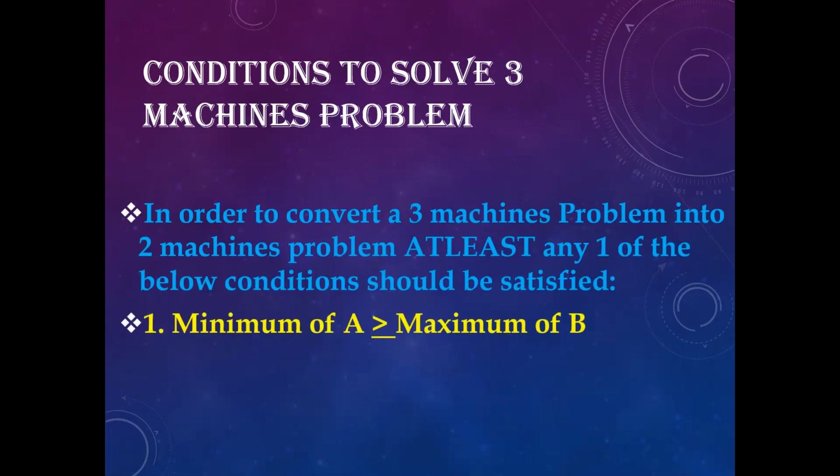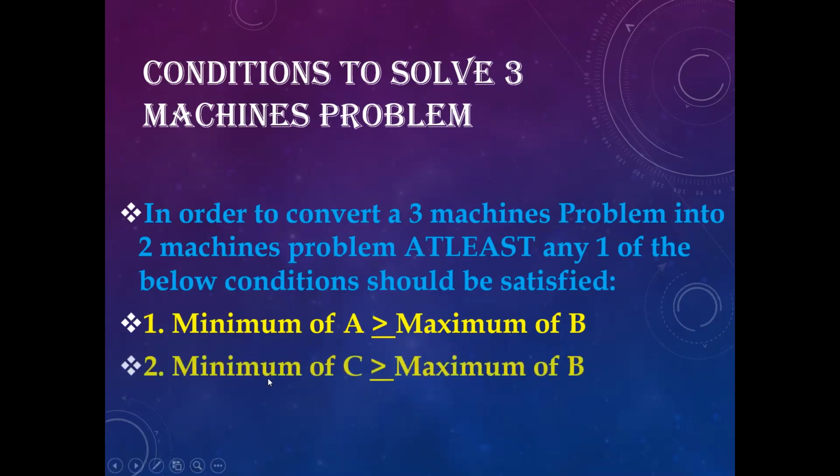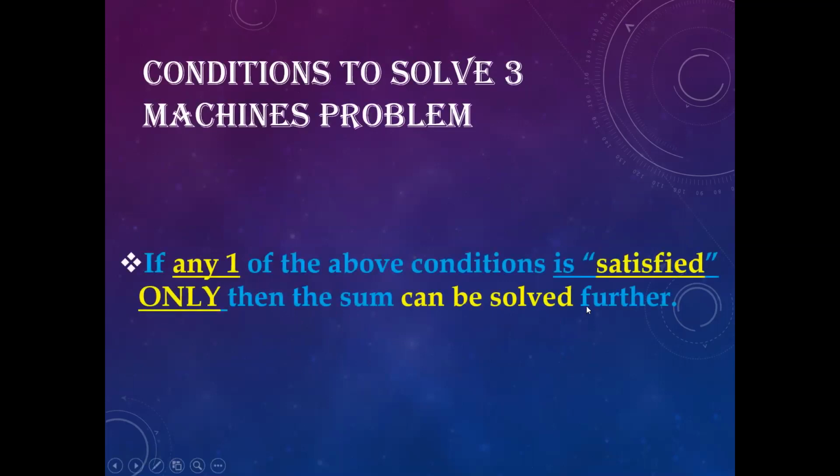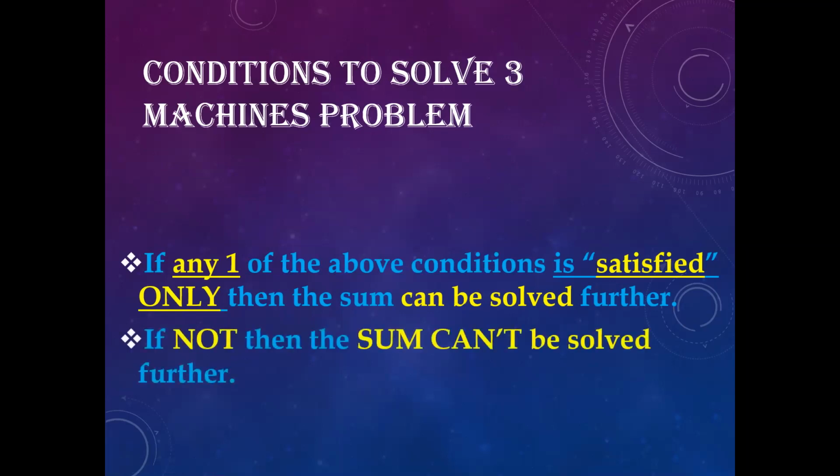The minimum value of machine A should be either greater or equal to the maximum value of machine B, or the minimum value of machine C should be greater or equal to the maximum value of machine B. So class, if any of the above 2 conditions is satisfied, only then you can solve the sum further. Otherwise, if none of the conditions is satisfied, the sum is stopped over there. It is not solved further.